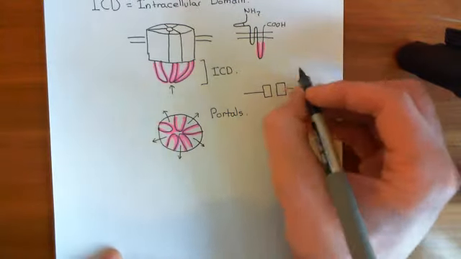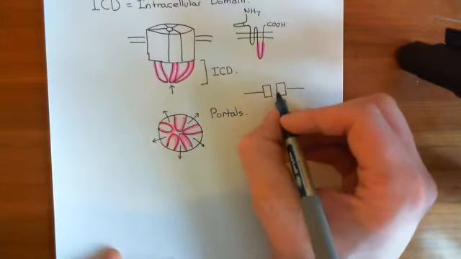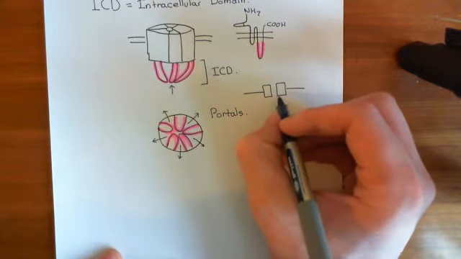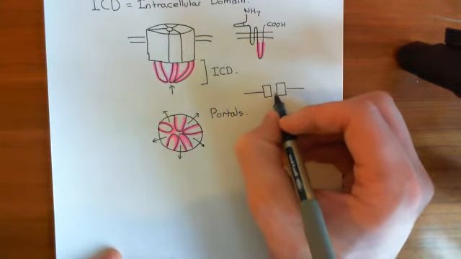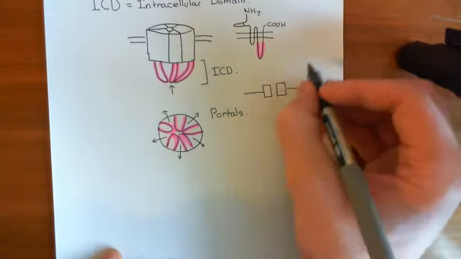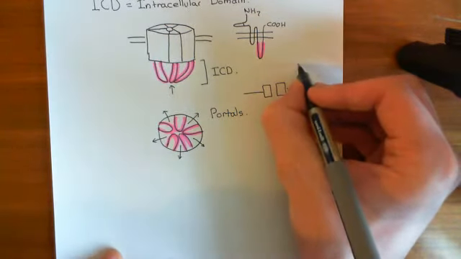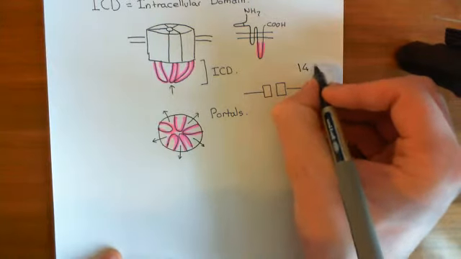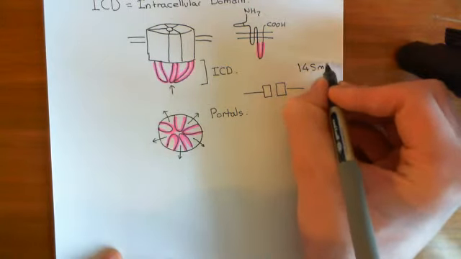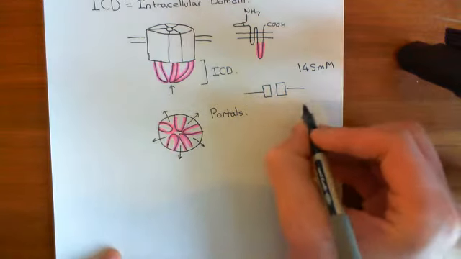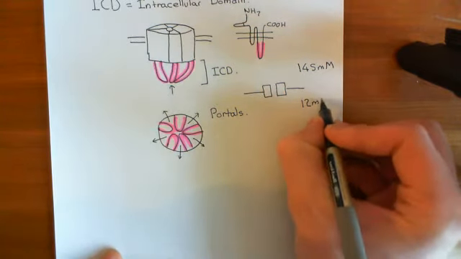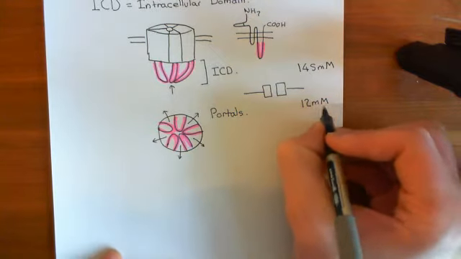Well, basically, we open this channel, and this channel is permeable to monovalent cations, so it's permeable to sodium ions and to potassium ions. Now, let's look at the concentrations of sodium and potassium on either side of this cell. The concentration of sodium on the extracellular side is 145 millimolar or thereabouts, and intracellularly it is 12 millimolar.